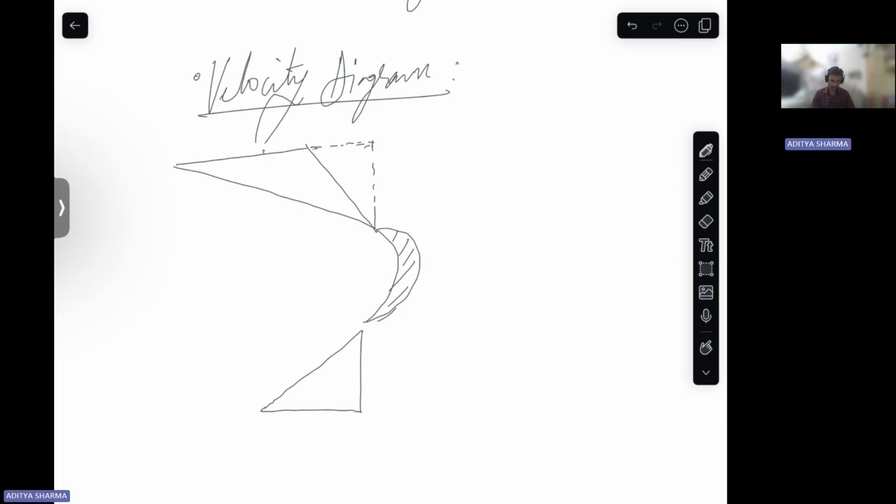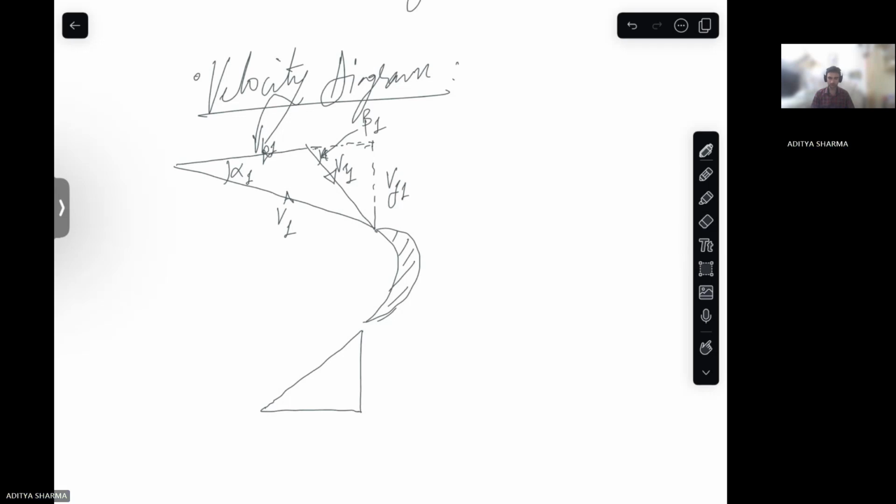So this is VB1, blade velocity. This is V1, absolute velocity. This is your relative velocity. If you have some doubt on these, you can just comment it down. I'll be happy to answer.